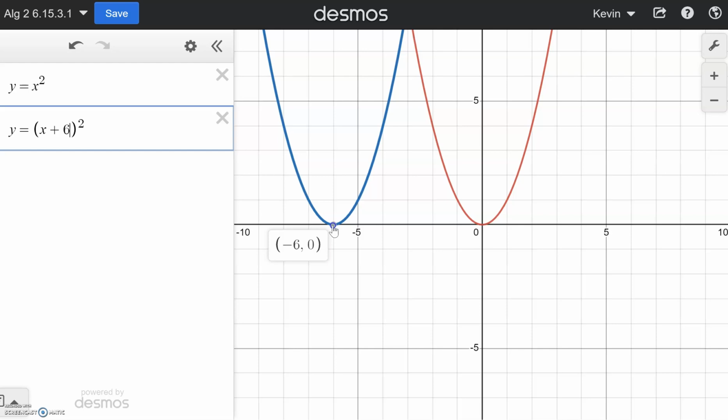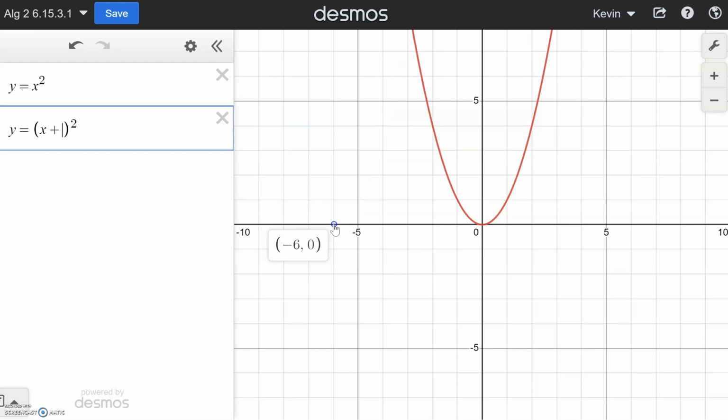This is happening because when I add or subtract inside these parentheses, what I'm doing is trying to find what x value makes this entire parenthesis equal to 0. If I put an x value of -6 in here, -6 plus 6 will make that parenthesis equal to 0. That's why it moves over to -6.